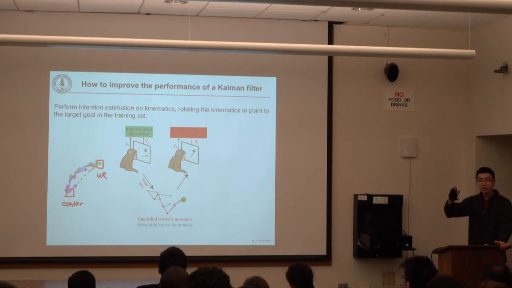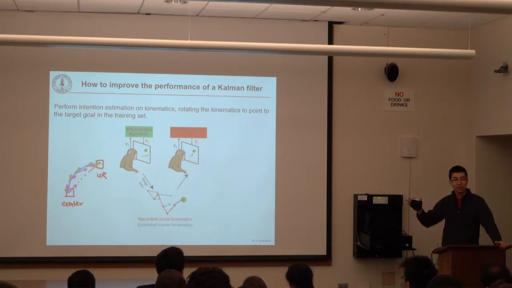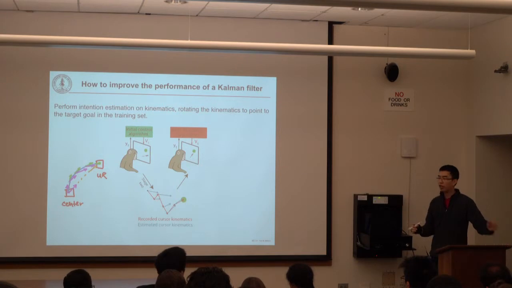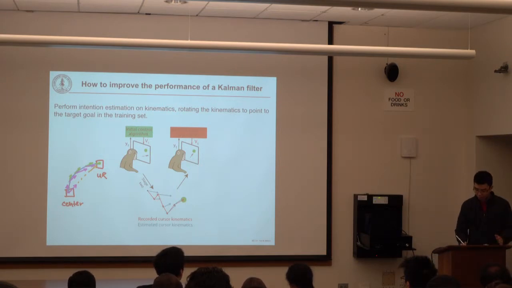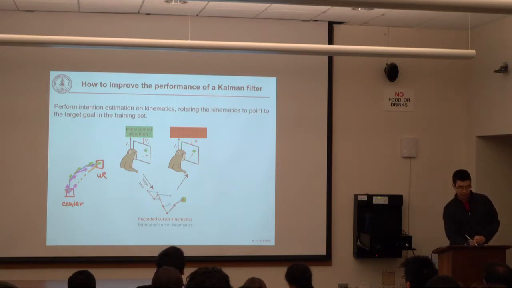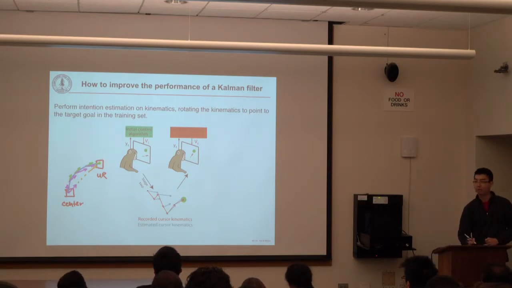It turns out that if you do this velocity rotation, you can improve performance. Concretely, in your training data set, they took these velocity vectors and literally just rotated them so they pointed towards the target that you wanted to reach.